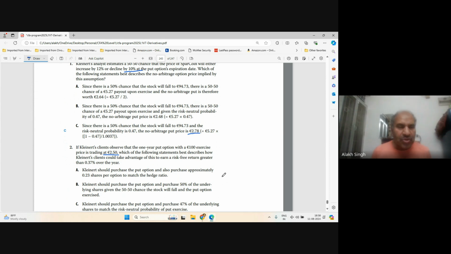We use 5.27 to calculate the hedge ratio, divided by how much it will go up, by 12%, and down by 10%.